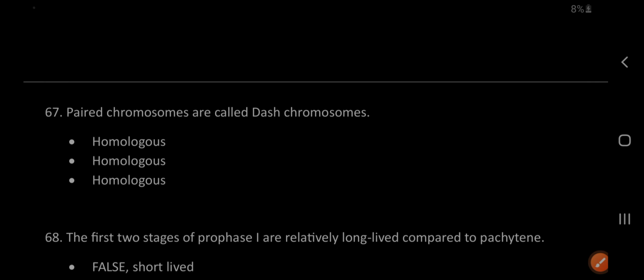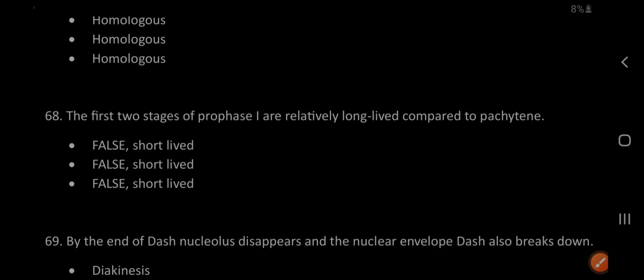Paired chromosomes are called homologous chromosomes. The first 2 stages of prophase 1 are relatively long-lived compared to pachytene. False, short-lived.